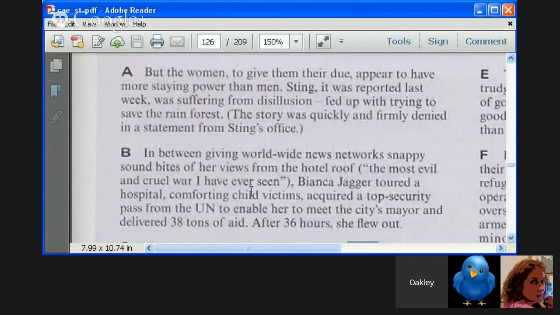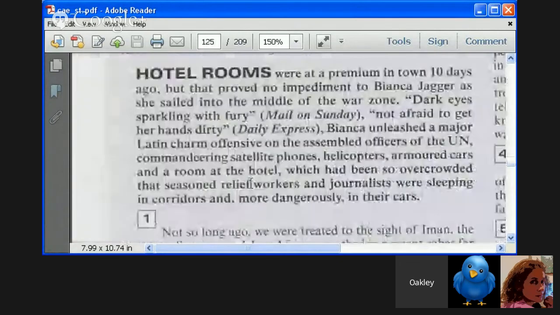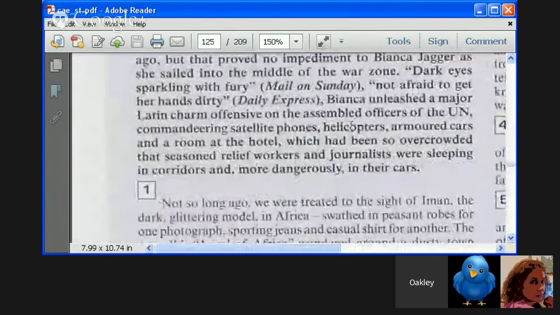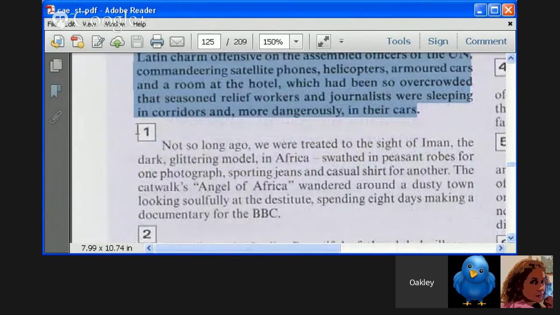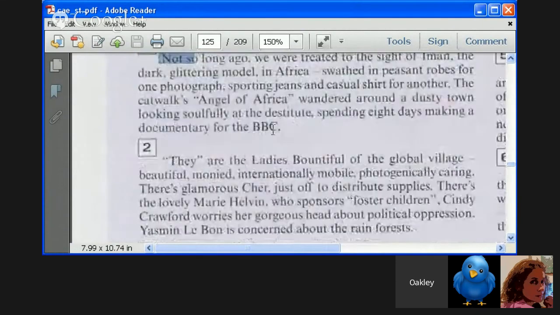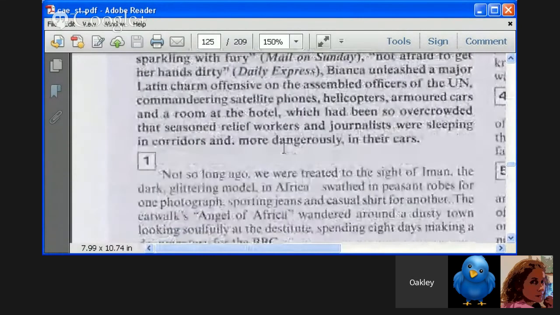So actually, this first part is very easy. Number one would have to be the paragraph which continues to talk about Bianca, because this first paragraph just talks about her getting to a war zone. All right, and then more about Bianca, and then they mention somebody else. Obviously, paragraph 2 has to be both of these women, referring back to Bianca. Boom. Well, that was easy.